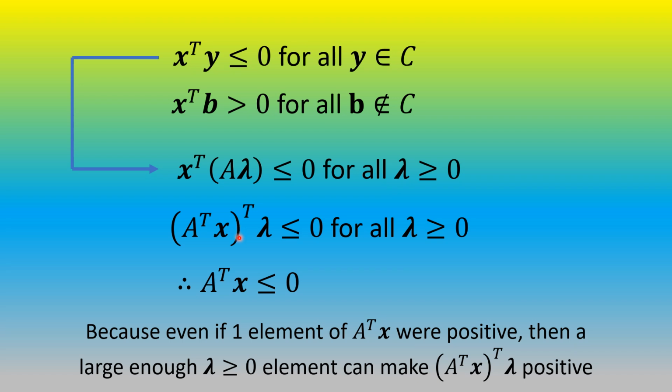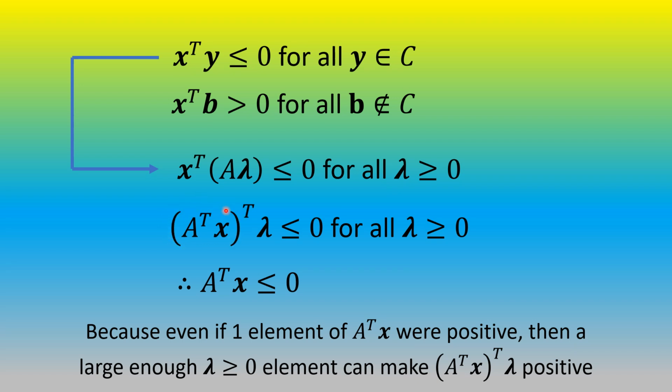So here's the hard part. This implies that A transpose times x is less than or equal to 0. Now, why is that true? It has to be less than or equal to 0.